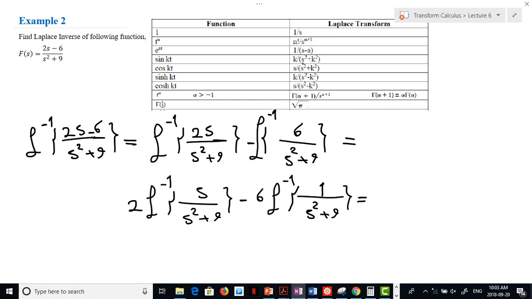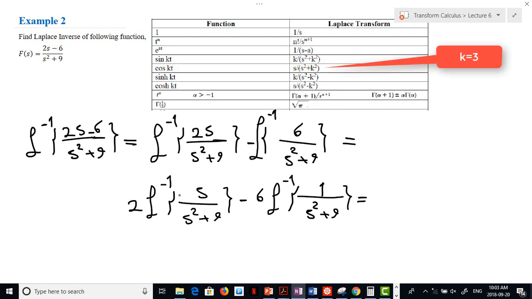So here we have s in denominator, we have s squared plus k squared, but in numerator we have a number, but here we don't have a number, we have s. In the next one we have s squared plus k squared in denominator, and in numerator we have s. So it's very close to this one. If I consider k equal to 3, the Laplace transform is exactly this one.